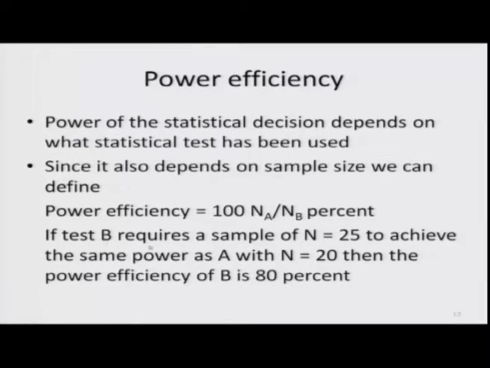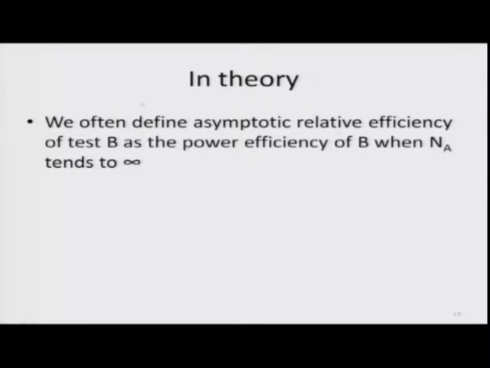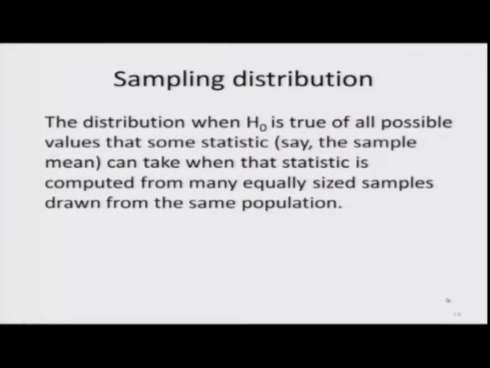If test B requires a sample of say n equal to 25 to achieve the same power 1 minus beta as A with n equal to 20, then the power efficiency of B is 80%. 20 divided by 25 into 100, 80%. We often define the asymptotic relative efficiency of test B as the power efficiency of B when n A tends to infinity.